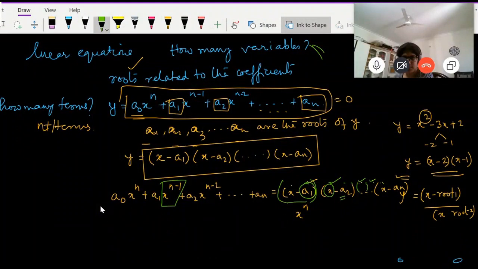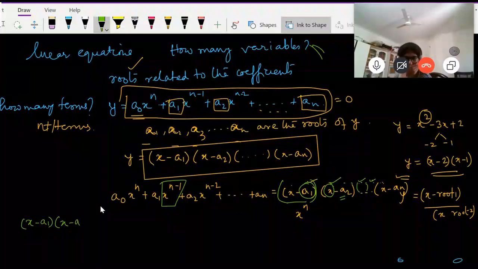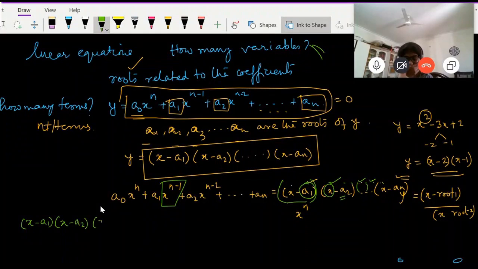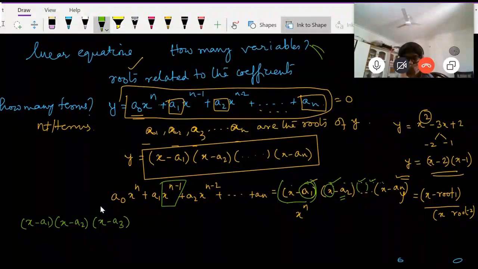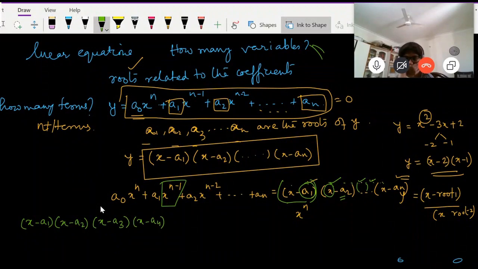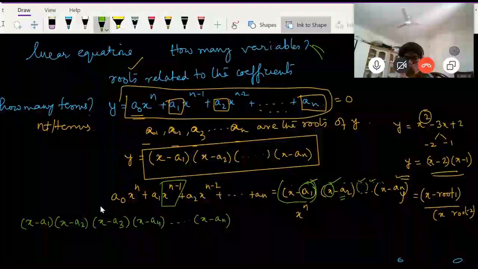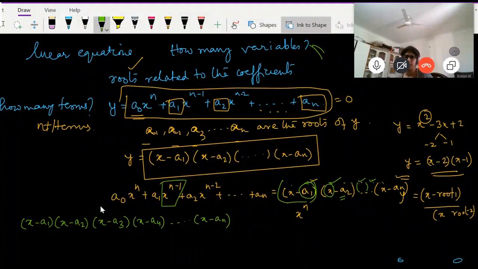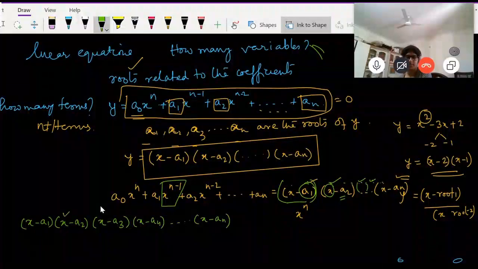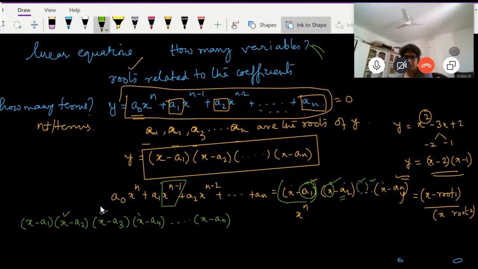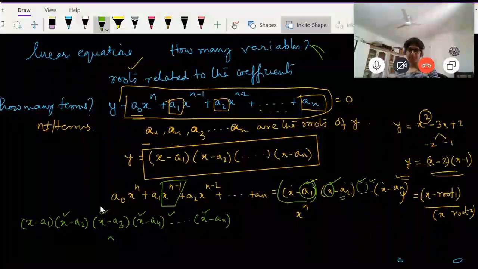So we have x minus a1 into x minus a2 into x minus a3 into x minus a4 all the way up to x minus an, right? So there will be a term where we will have x from here, x from here, x from here, x from here, x from here, right? So there are total n terms here, and I'm leaving out one term.